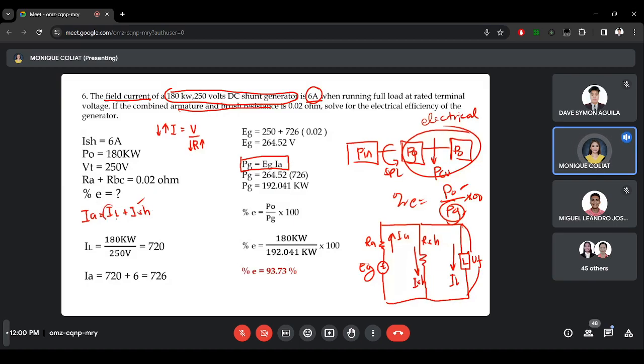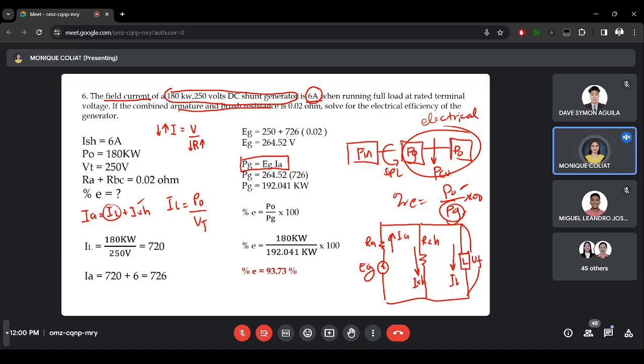So now that we have IA, we can now get EG. From this circuit, ano yung EG natin? EG is equals to VT plus IA times RA.